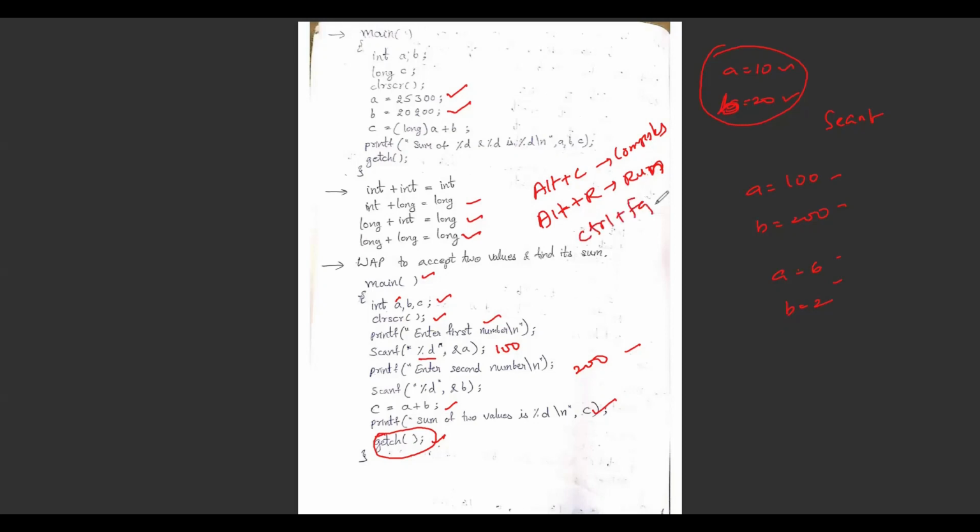If I press this, I'm going to see the output. So instead of pressing this, if I write getch, after I press Alt R, immediately the program will be run and output will be displayed. No need to press Control F9. It is going to read one character internally and it is going to display the result for us. Hope this is clear for you.